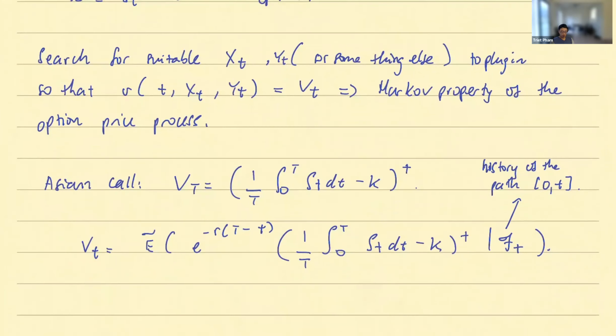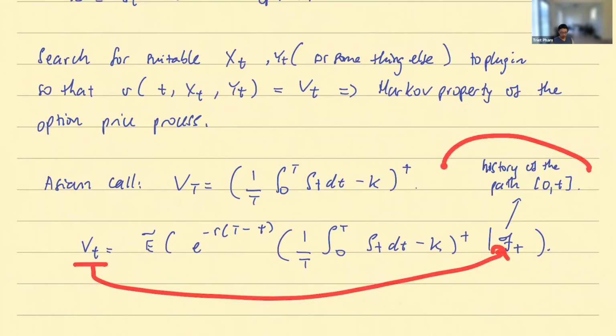In other words, the pricing formula says that you have legal access to the entire history of the path from 0 to t. By the path here, we mean the stock price path, but also the Brownian motion path, because there's a one-to-one correspondence between the two. If you know the stock, you know the Brownian motion. If you know the Brownian motion, you know the stock.